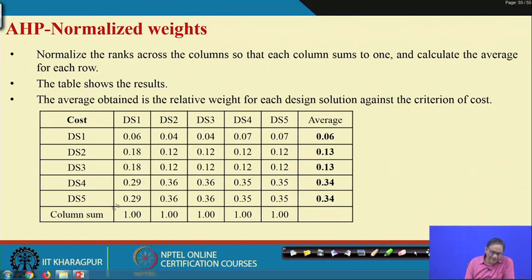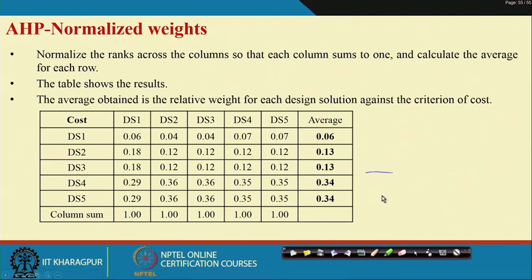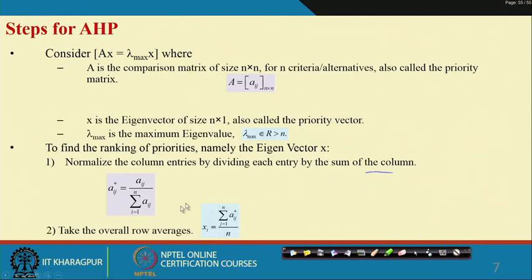So, ultimately the column sum was 17 and 1 divided by that, which one is this with reference to cost. If you get this matrix, each of the column entries will be divided by the column sum. Then what you do? Then you find out the overall row average. How many rows will be there?